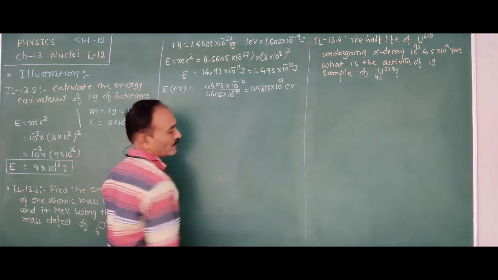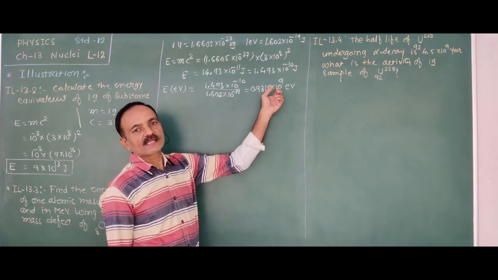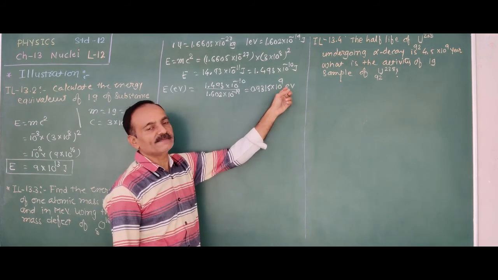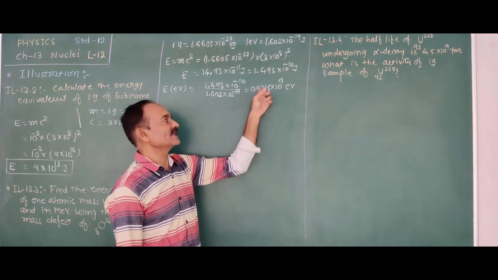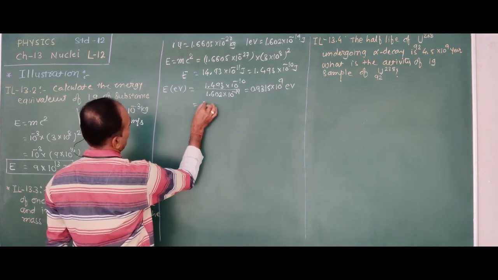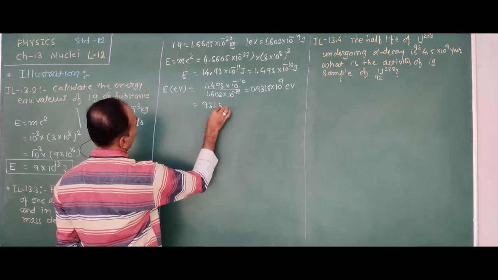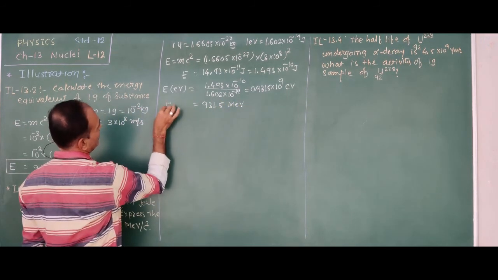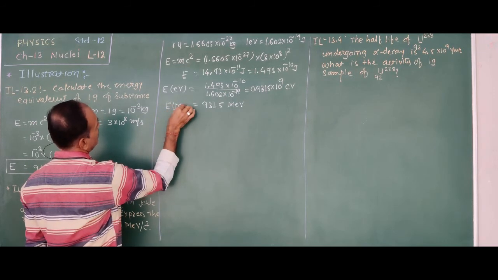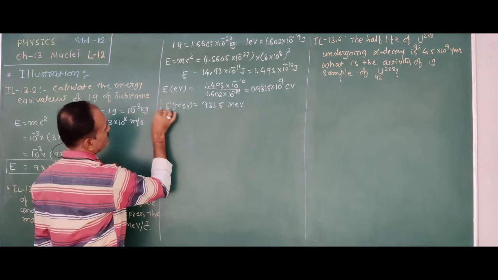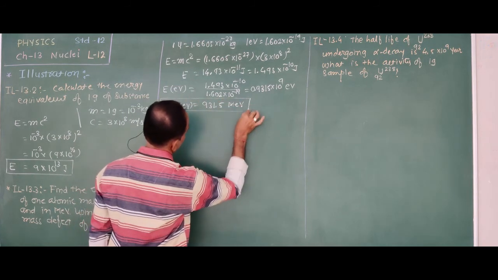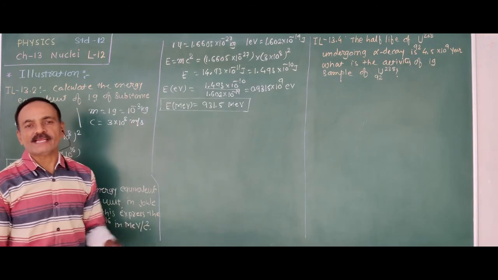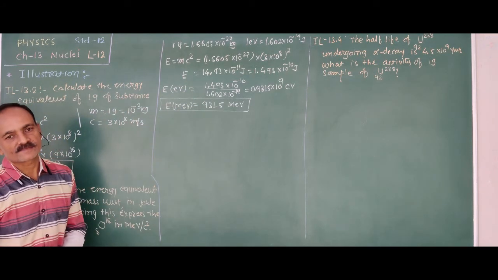Now convert into MeV: 10 raised to 6 is taken as M, therefore 10 raised to 3 remains, multiplied with this. Therefore, 931.5 MeV. That is the energy in mega electron volt, equivalent to 1 atomic mass unit.